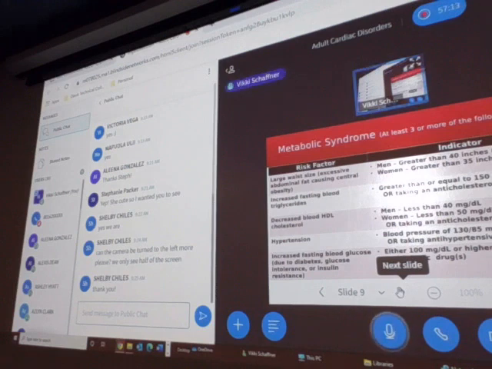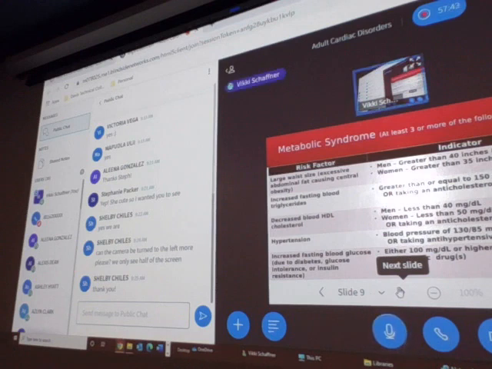So the first one is a large waist size. For men, if you're greater than 40 inches around the waist, then that is the criteria that we're looking for. For women, it's greater than 35 inches. Okay, increased fasting triglycerides.